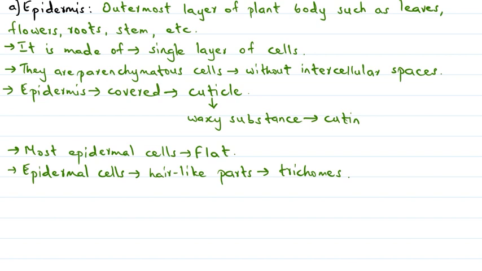So in roots what happens? The younger parts are covered with a layer of epidermis without the cuticle, and that is called the epiblemma.